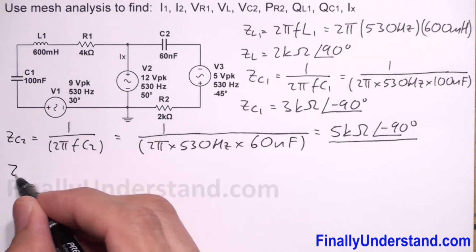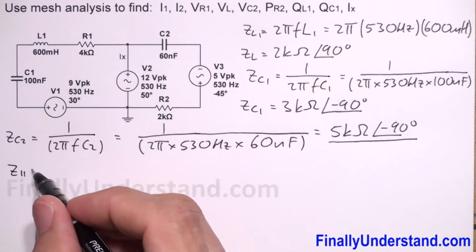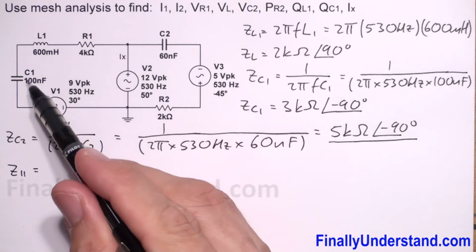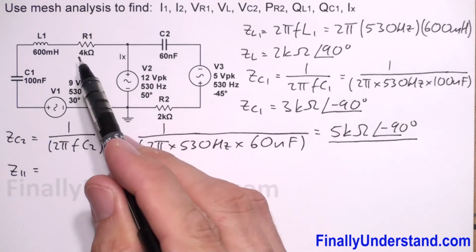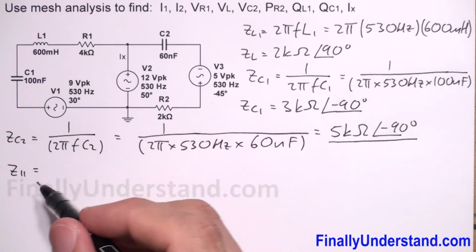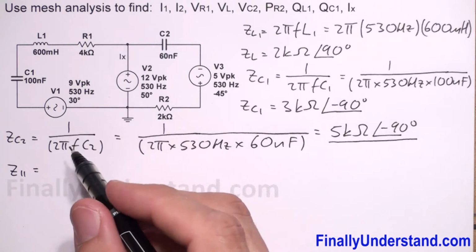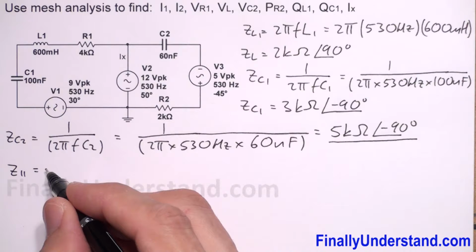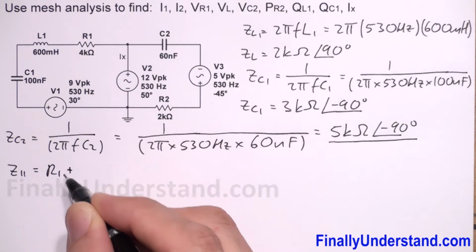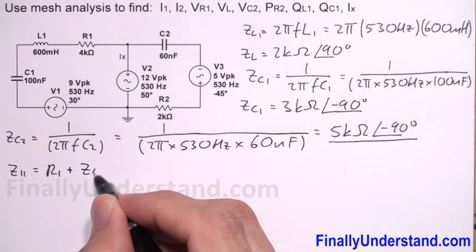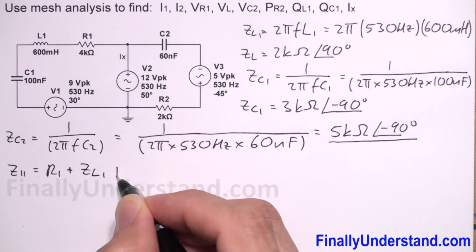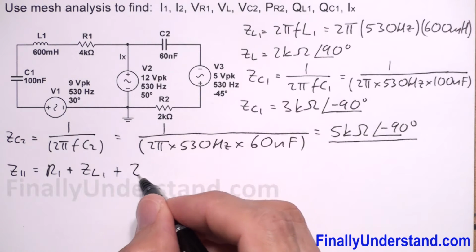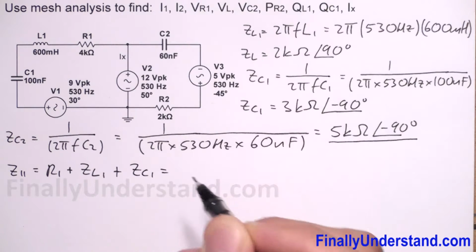So now we can find the impedance Z11. Impedance Z11 is the sum of the impedances in loop 1. So Z11 is equal to the sum of resistance R1 plus ZL1 plus ZC1.